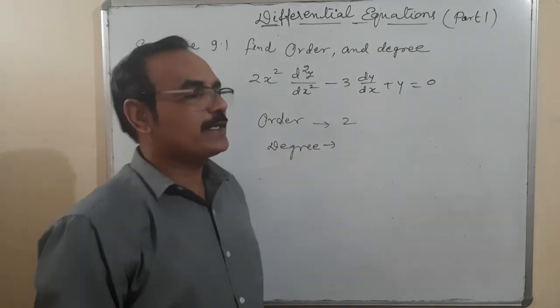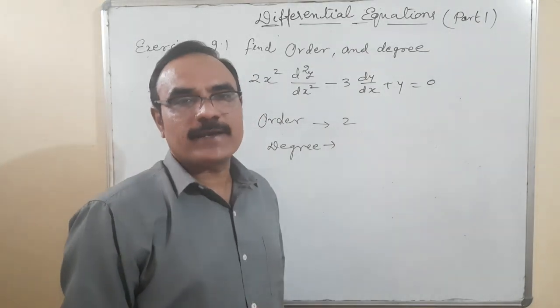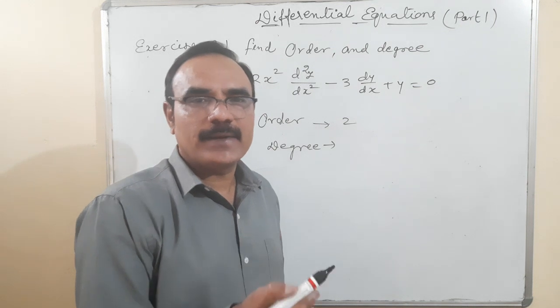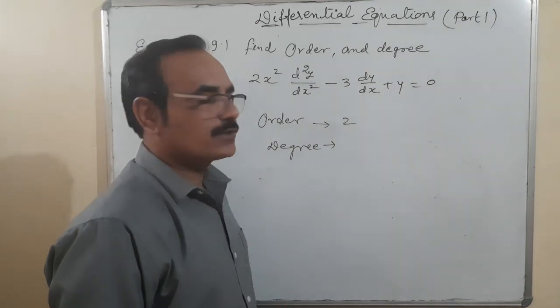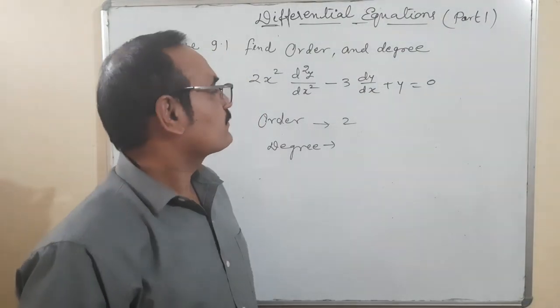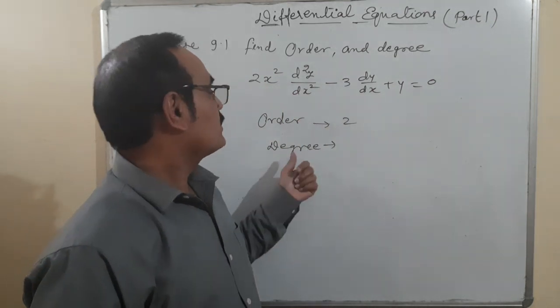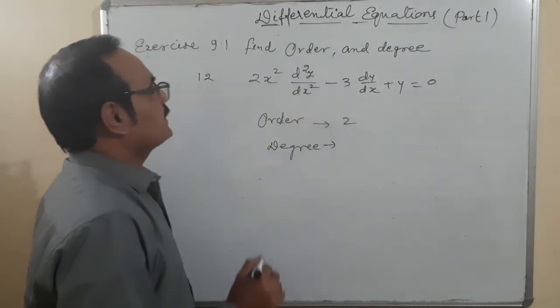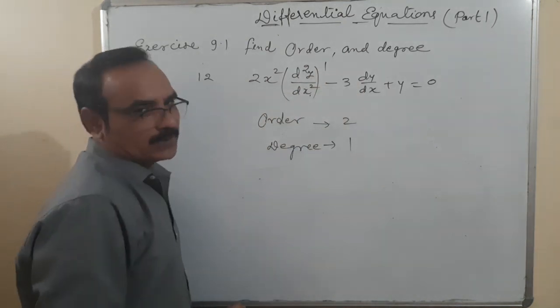It's a combination of derivative and non-derivative terms, and the power on derivative should be non-negative. Everywhere you can see that the power on derivative is non-negative. So what is the degree? The power on the highest derivative is 1, so its degree is 1.